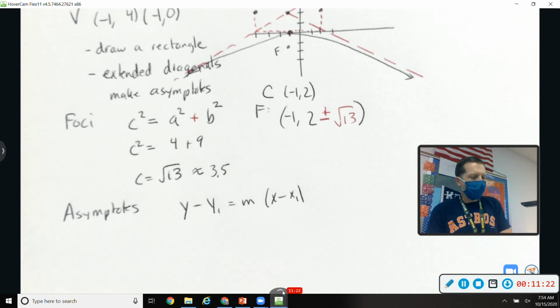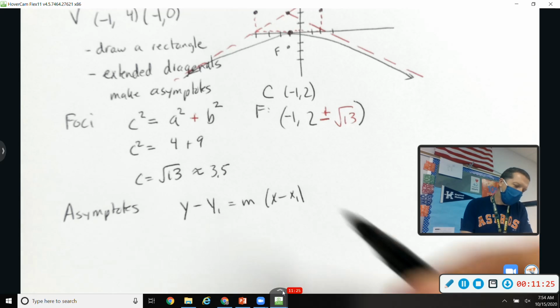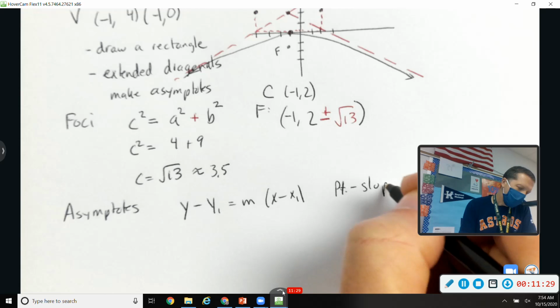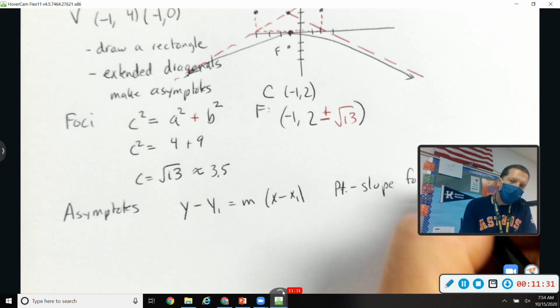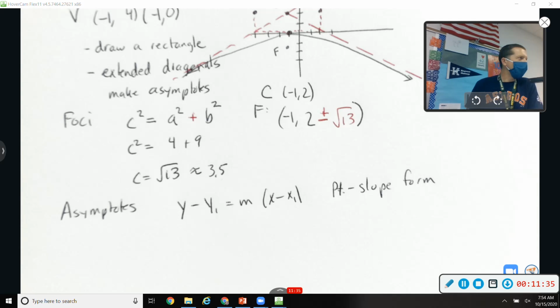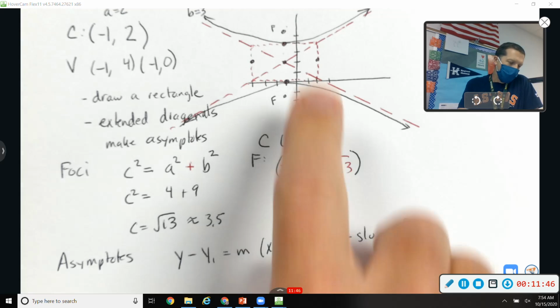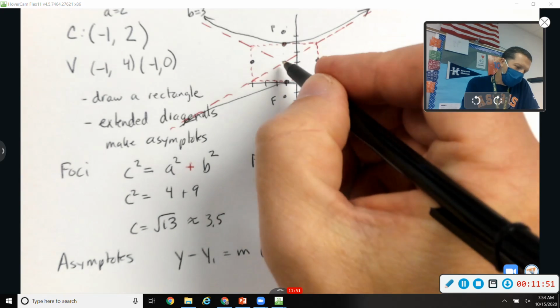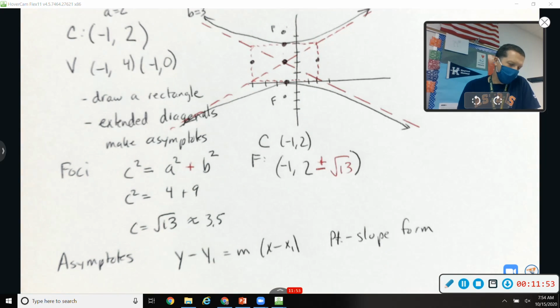All right, so this is called the point slope form of a line. It's particularly helpful if you have a point and a slope. So y equals mx plus b is probably what you're used to, but this form is so much better for asymptotes. Because the point that's on both of those lines is the center.